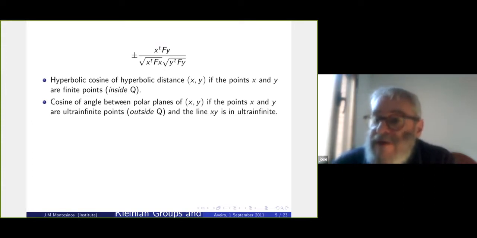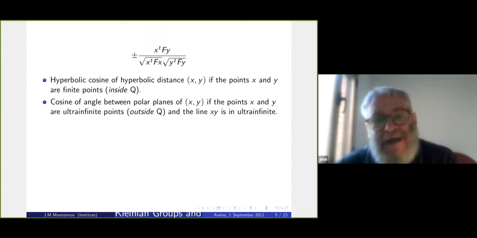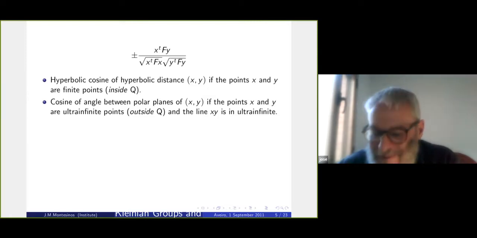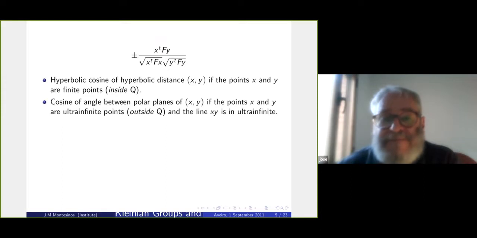When you have 2 points in ultra infinity, then they have 2 polar planes. Well, the hyperbolic cosine of these 2 polar planes is given by the same formula. Everything becomes very useful for using computers. And I use these formulas in my computing of all this geometry.